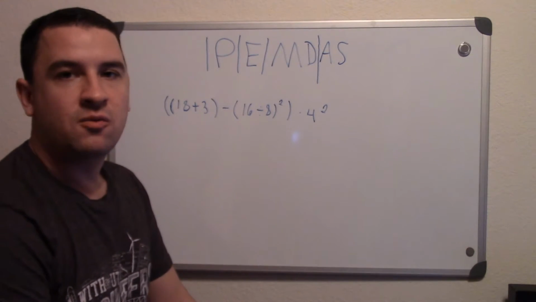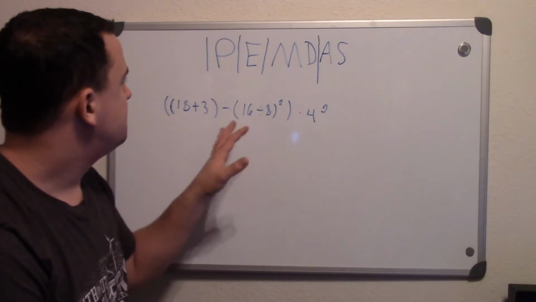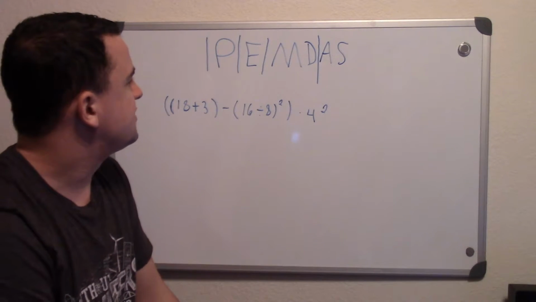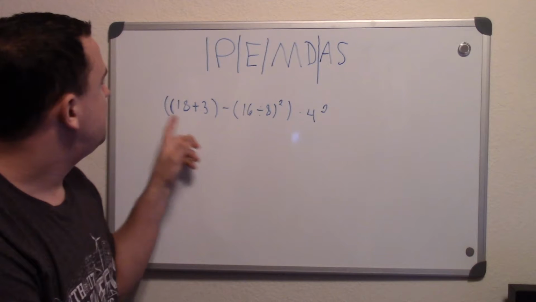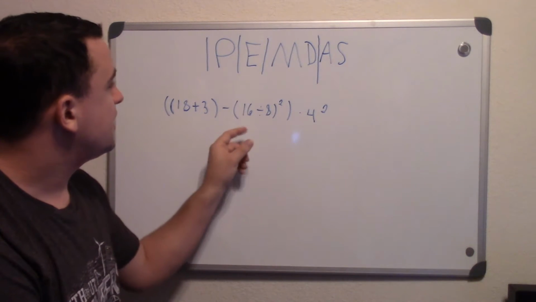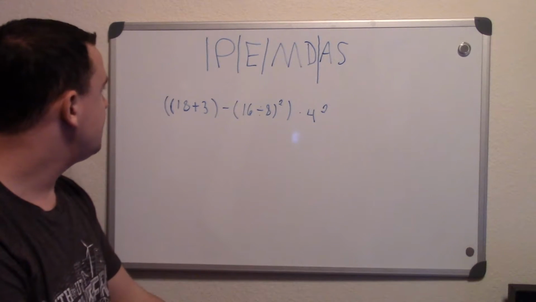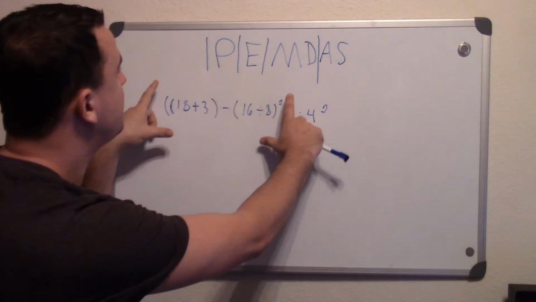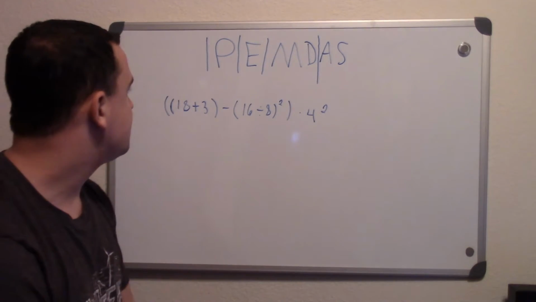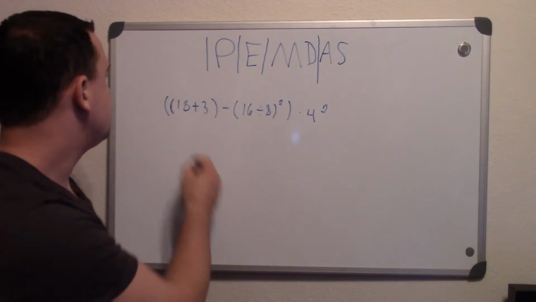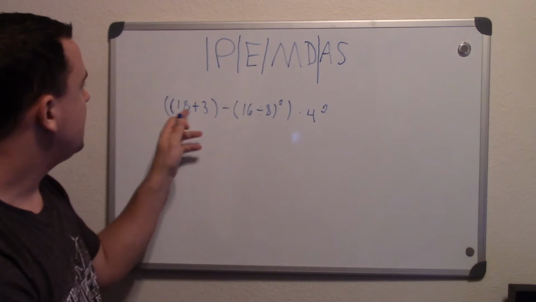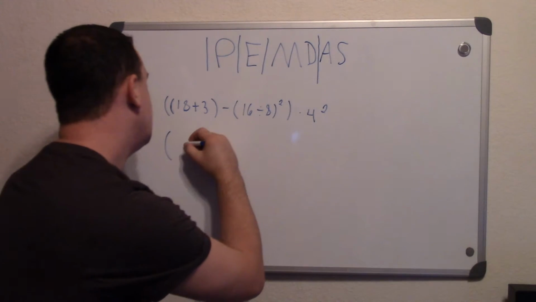Alright, so now I have one more example, and it gets a little more confusing with multiple parentheses, but overall it's still pretty much the same and easy. When you get multiple parentheses, you always work on the most inside one. In this case we have 2 inside ones, and then they're all surrounded by 1. So we work on the insides. We start with the first one, and we'll leave the parentheses for the whole thing. We get 18 plus 3 is 21.